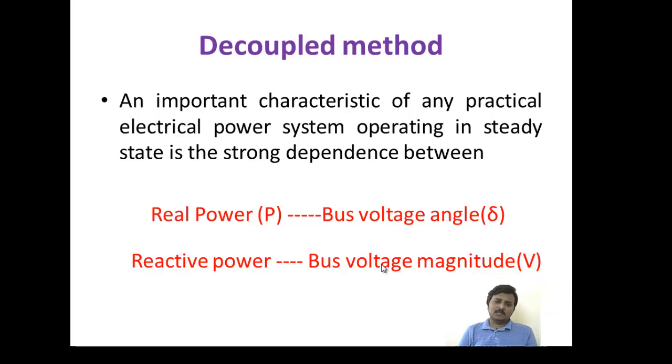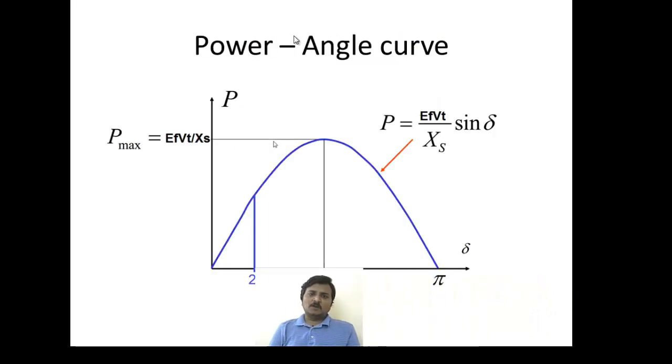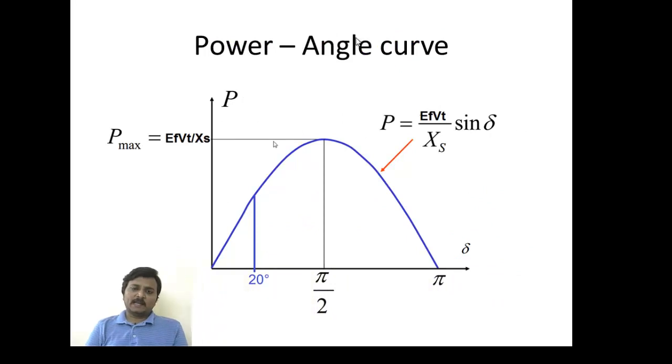Let us see the explanation. How are active power and load angle dependent on each other? When you see the power angle curve, when the angle varies, obviously the active power value will vary. The equation of active power is P equals EV by XS times sine delta.